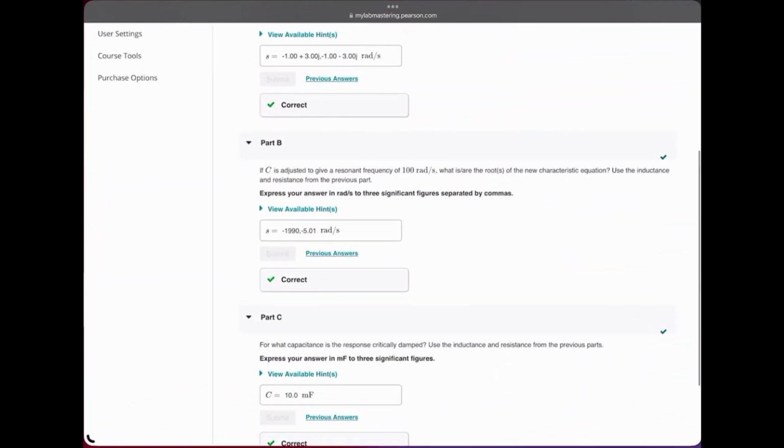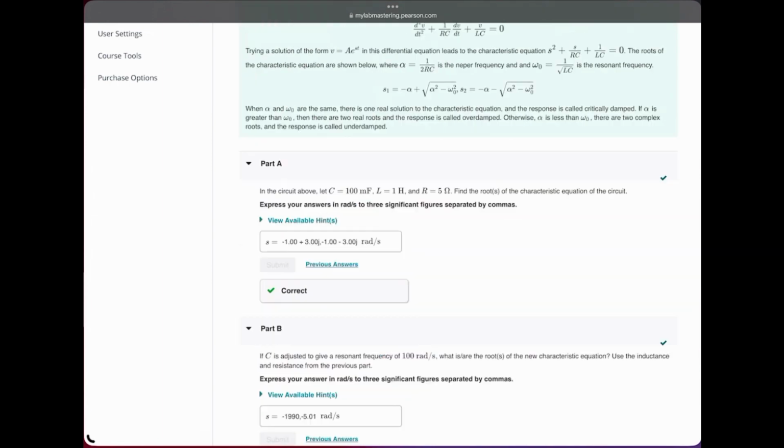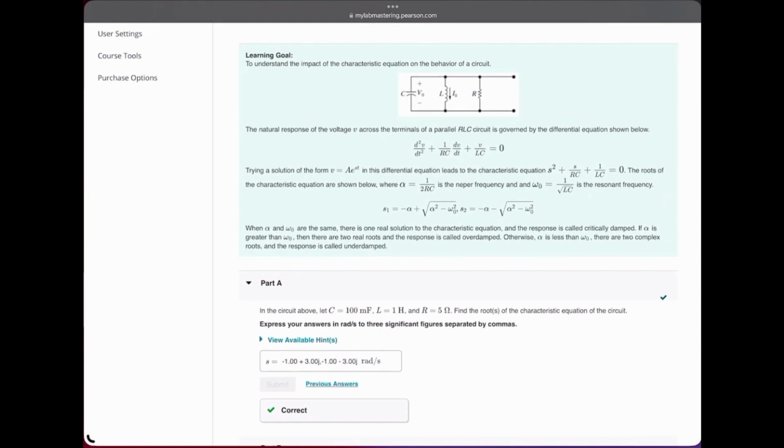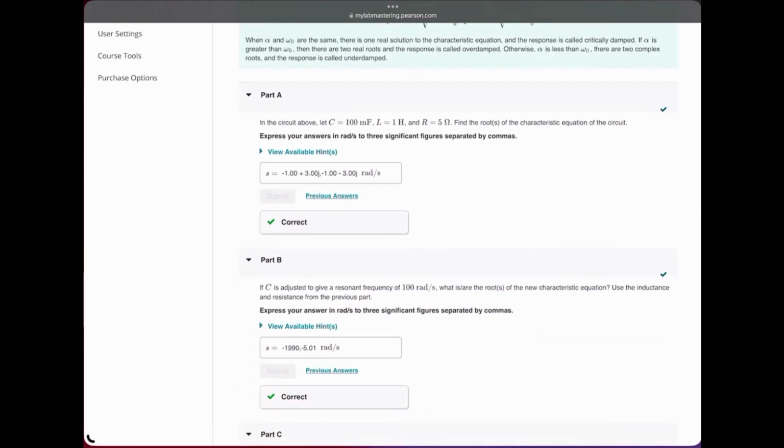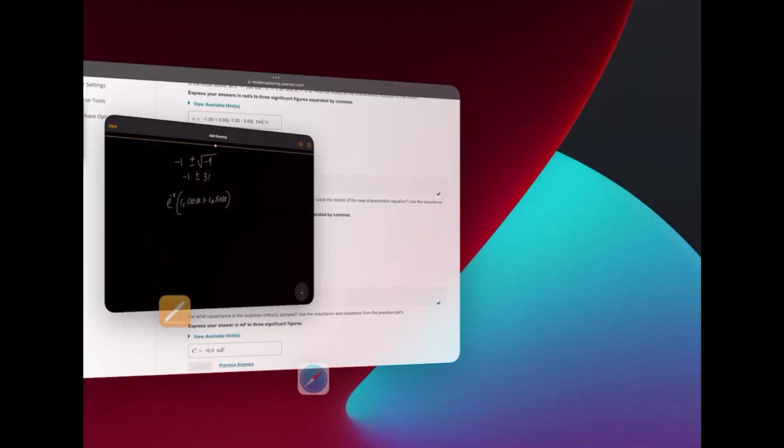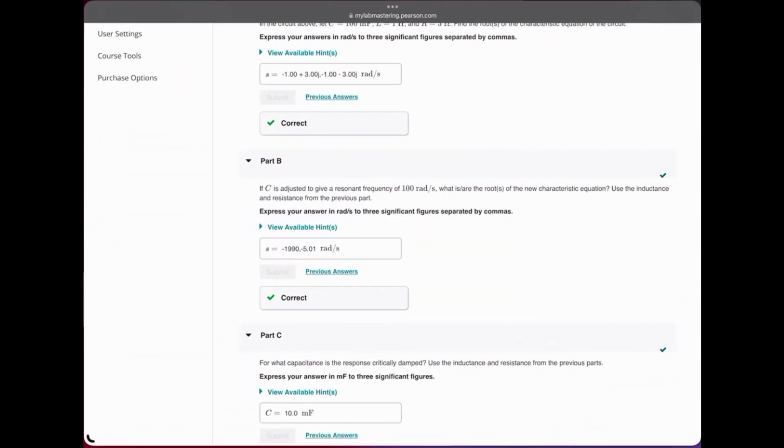So if we were to adjust the resonant frequency, and the resonant frequency is known as omega naught, if we were to adjust it to 100, what are the new roots in this equation?